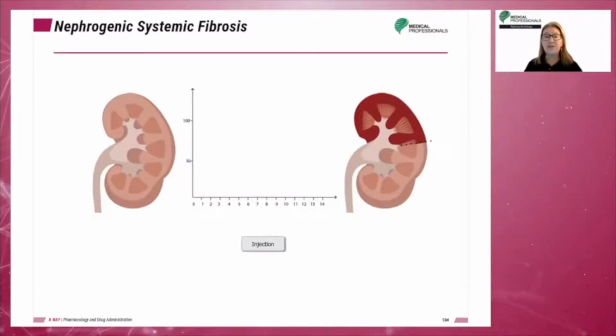The disease was first observed in 1997, and since then, less toxic and safer gadolinium-based contrasts have been developed. There have been no cases since 2009.